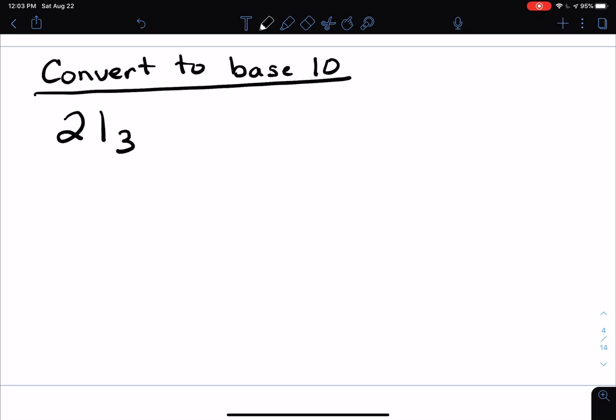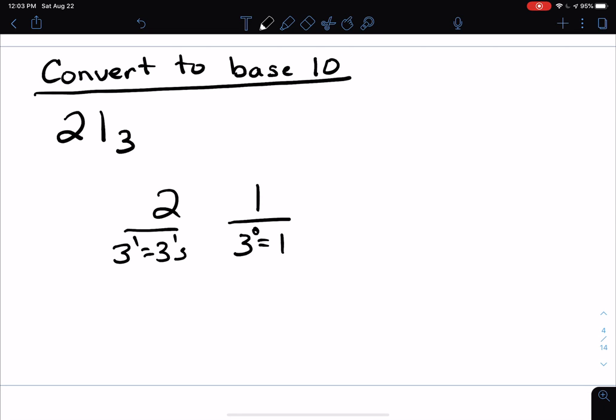All right, so if I'm in base 3, that means my positions are powers of 3. So like the 2 and the 1. The 1 is in the 3 to the 0 or 1's place. The 2 is in the 3 to the 1st or 3's place. So if I want to convert to base 10, basically I have one group of 1 and 2 groups of 3.